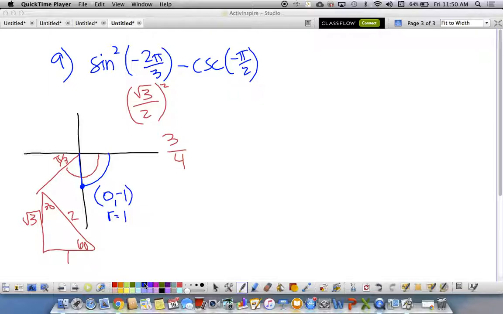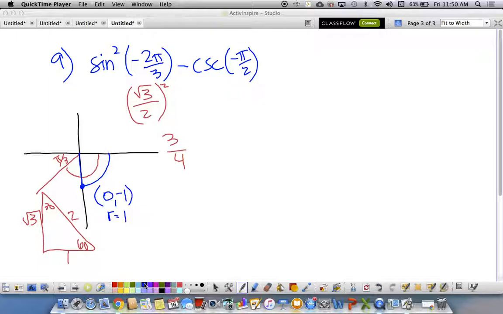But we also talked about sine theta being y over r, because it's the opposite, and cosine being x over r. So which one are we looking for? We're looking for the sine. So sine is y over r.